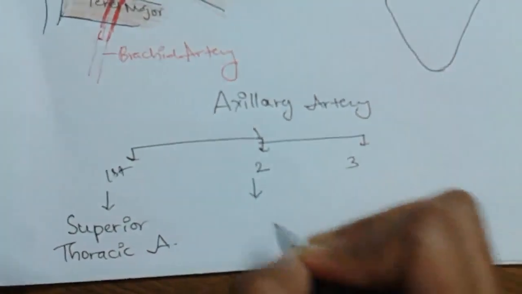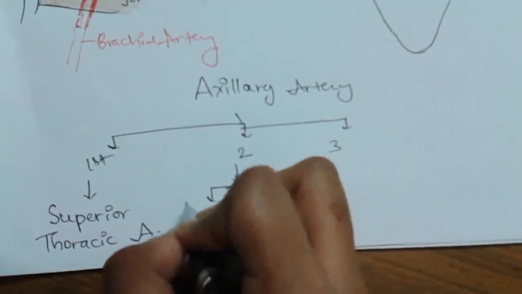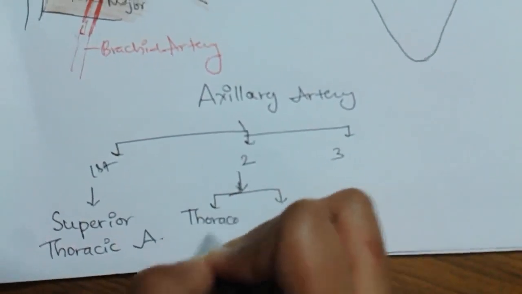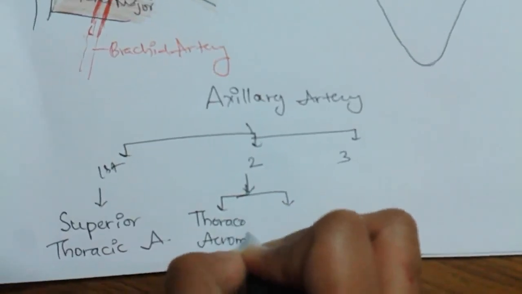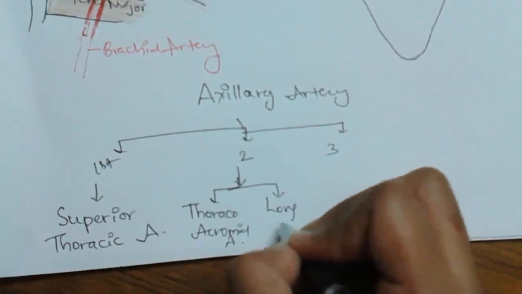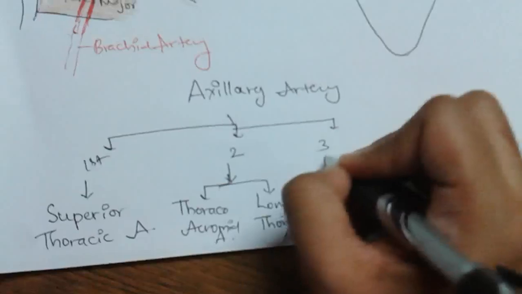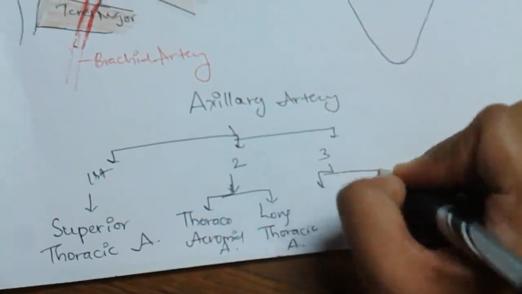And from the second part, two arteries form, the thoracoacromial artery and the second branch, the long thoracic artery. And from the third part, three branches develop.